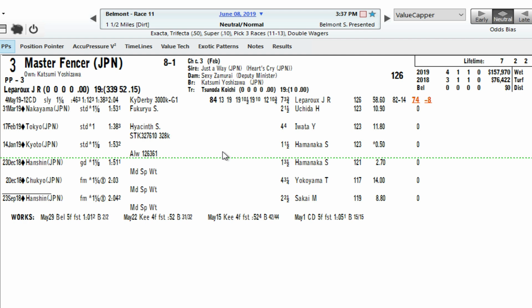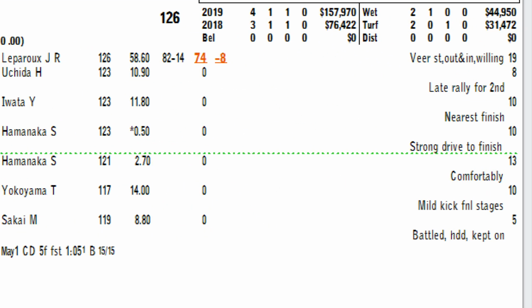It made a beautiful late move in the Derby, and all of its races in Japan showed late rallies. I haven't gone back and watched those, but I can tell from the comments and from how it ran in the Derby, this is going to be a late runner. And again, that's one of the unknowns in the race. Can it come on to win?